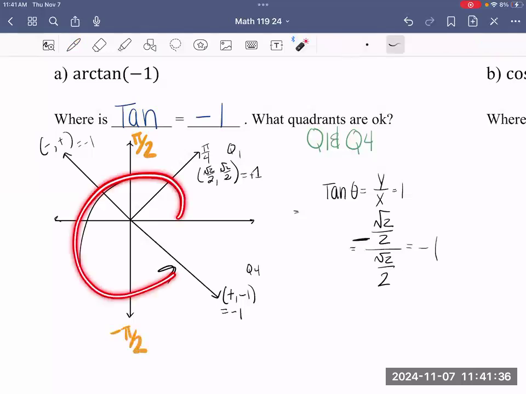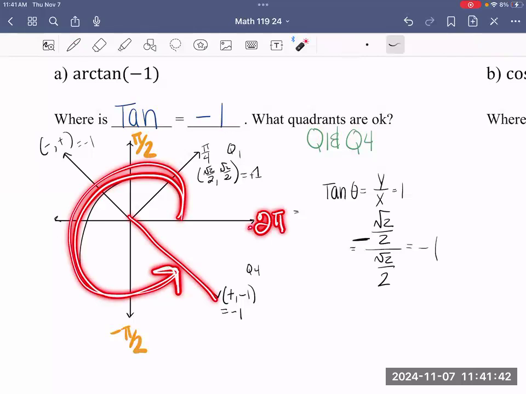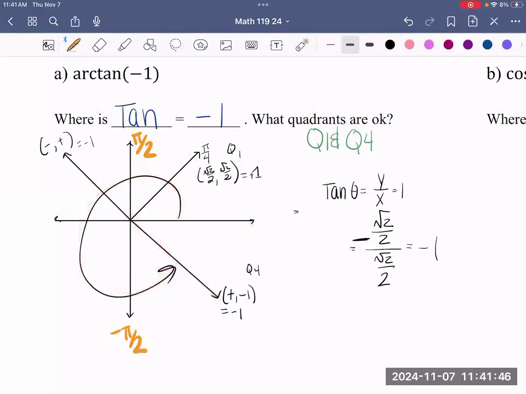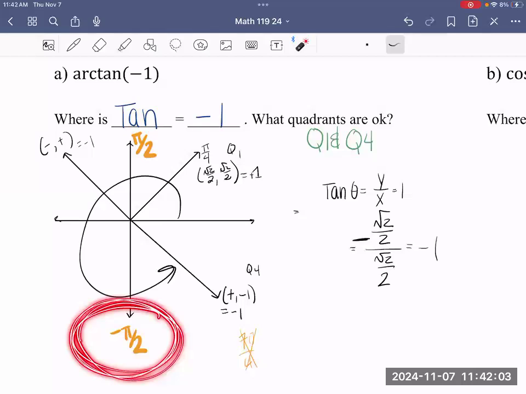So if you decide, I'm going to go all the way around my unit circle and just not complete it, going just under 2 pi, well, your response here isn't 7 pi over 4. That's not our response because 8 pi over 4 is 2 pi and we haven't gone that far. It's not 7 pi over 4 because that is way too much. It's not following your rules.